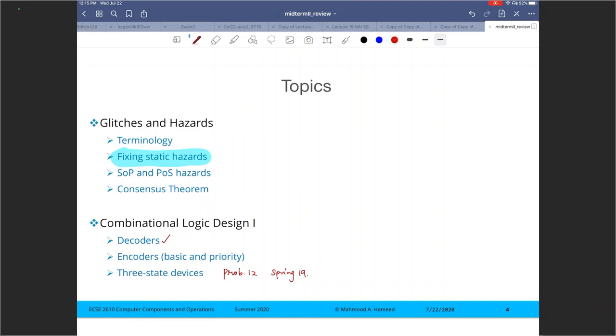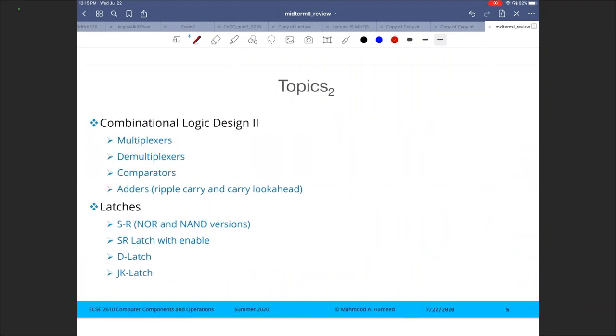All right, so that's the second topic. Next, you have Combinational Logic Design 2, Part 2, where we went over multiplexers, demultiplexers, comparators, and adders. In adders, we went over ripple carry as well as carry look-ahead adder.